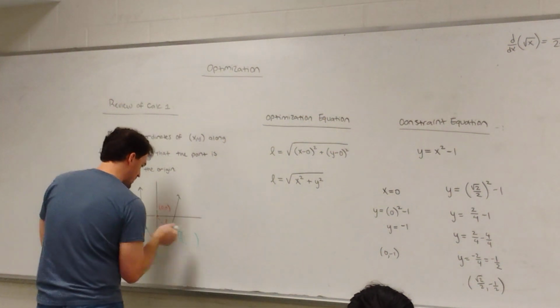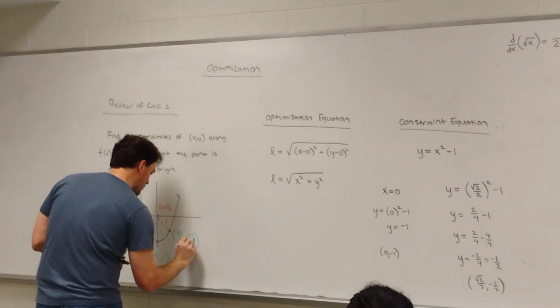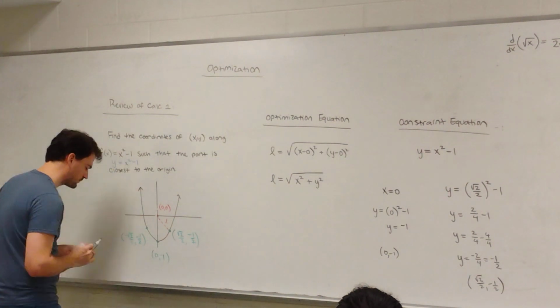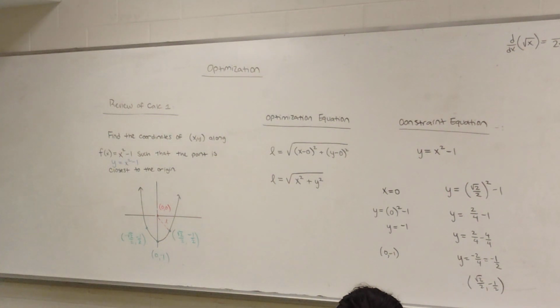So now coming over here, I know these have y coordinates of negative 1 half. That is a y coordinate of negative 1. Nice. The Calc 3 problem we're going to do is pretty similar, so please ask questions.